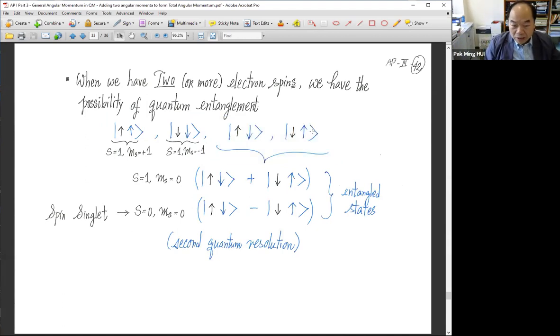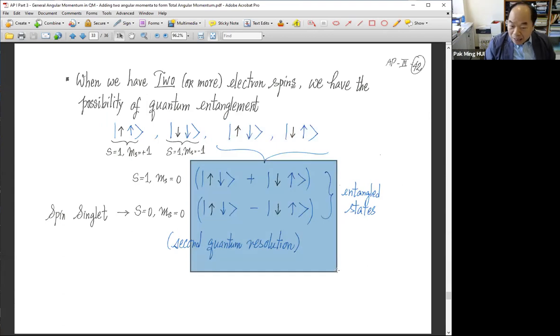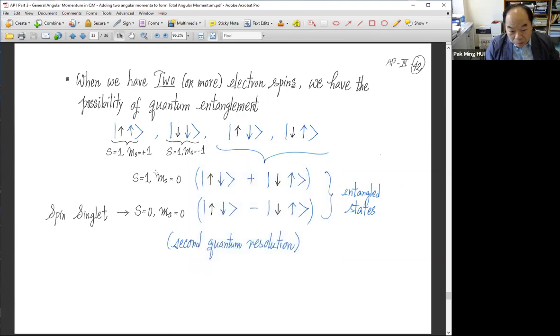It turns out that, and we can prove it by operator algebra, that we use these two situations and make two linear combinations. Up, down, plus down, up, and up, down, minus down, up. And this two corresponds to both being ms equals 0.